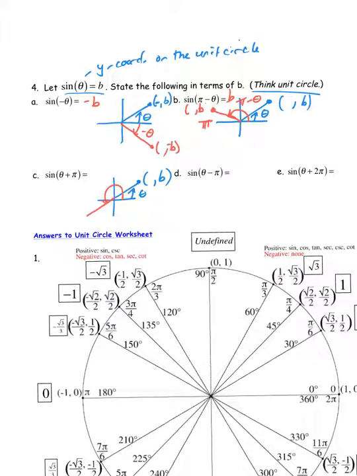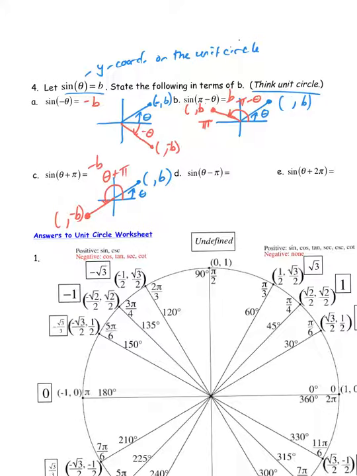So this angle right here will be theta plus pi. And then let's think about the coordinate of the point where theta plus pi is on the unit circle. Its y-coordinate in Q3 is going to be negative b. So sine of theta plus pi is negative b.